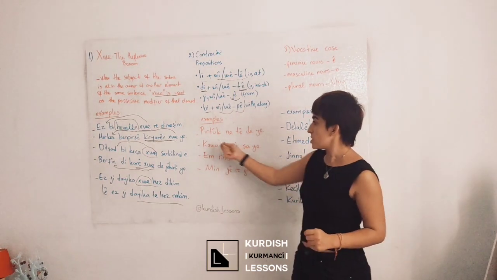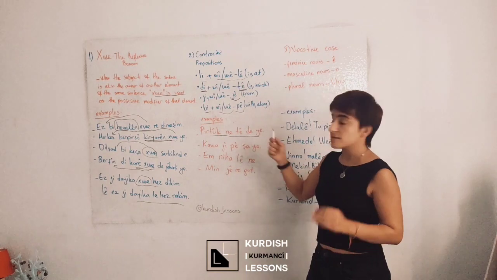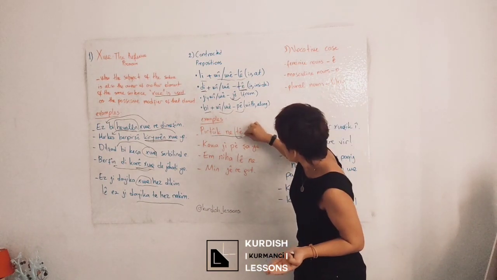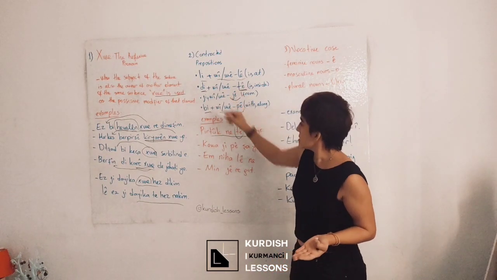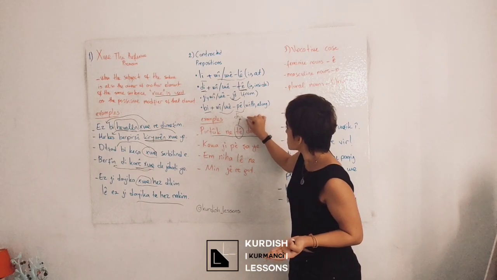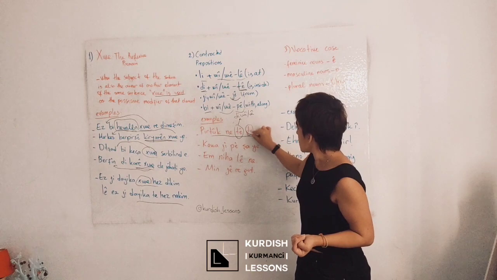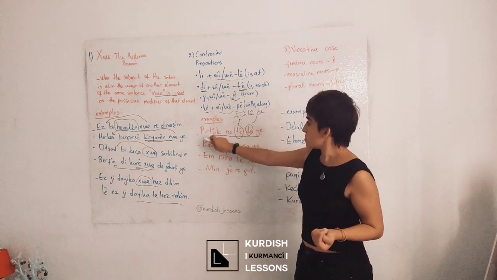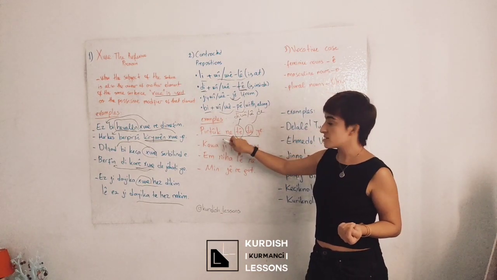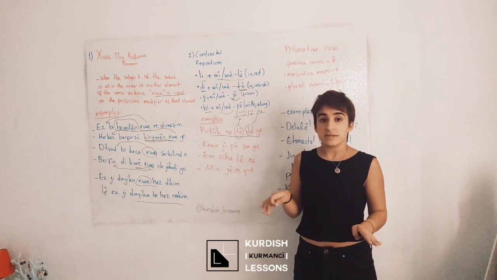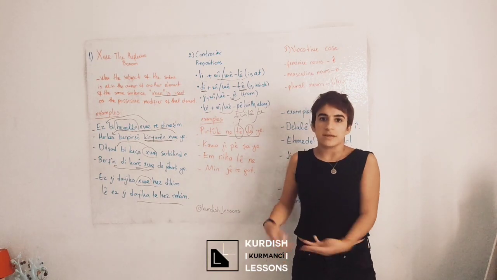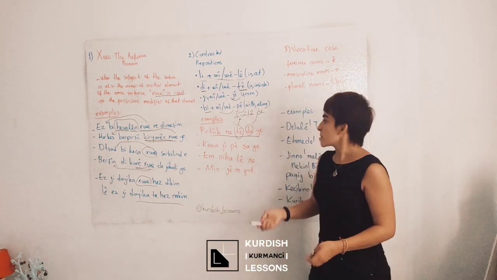Now let's see some examples. For example, you can say "Pirtûk nayê tê de ye." What is "tê"? Let's see. "Tê" comes from "di wê" or "di wî", okay? And we have "de". So it means the book is not in it. It can be a bag, it can be a pocket, I don't know, it can be a room, okay?